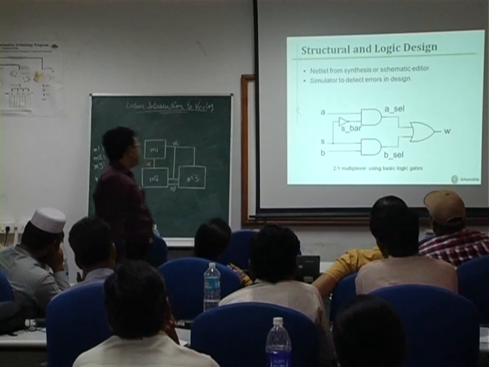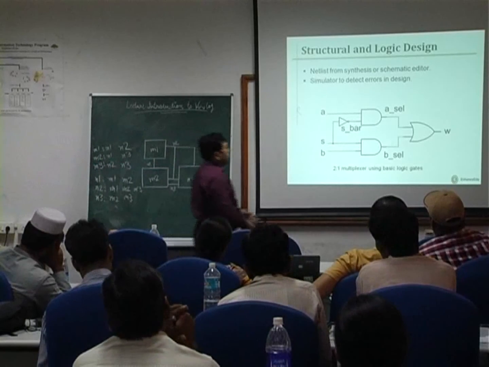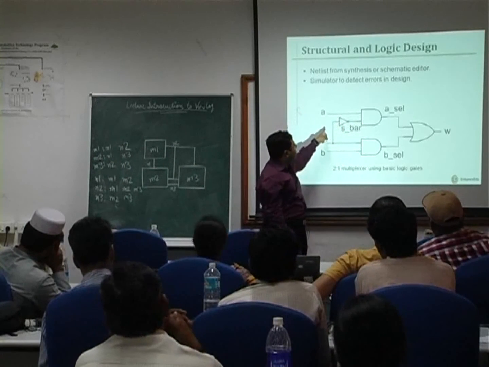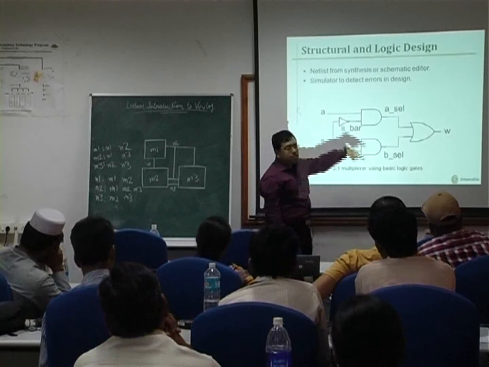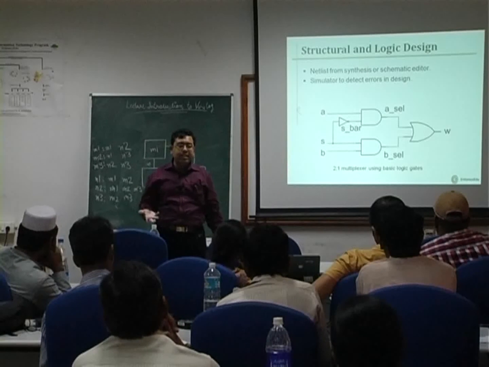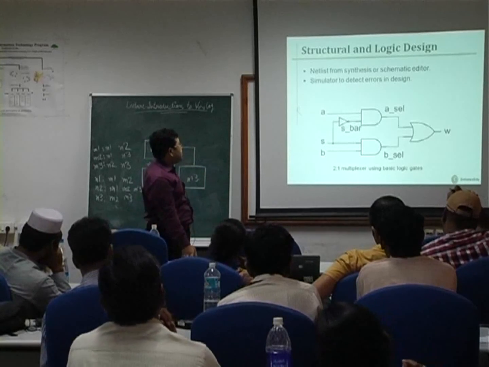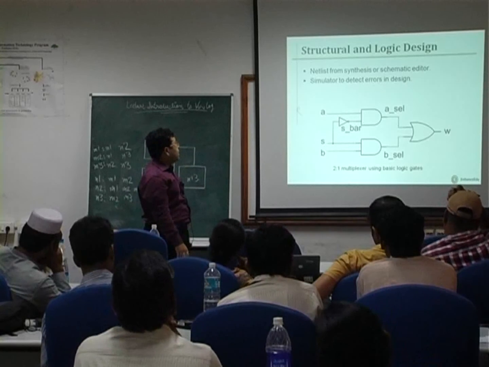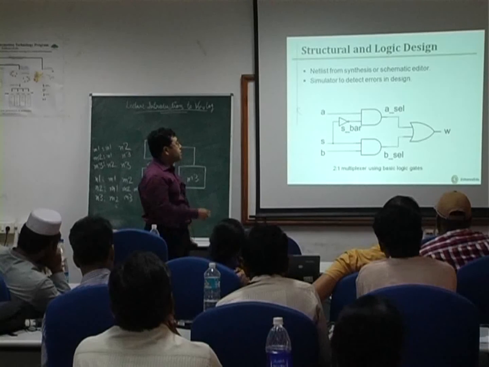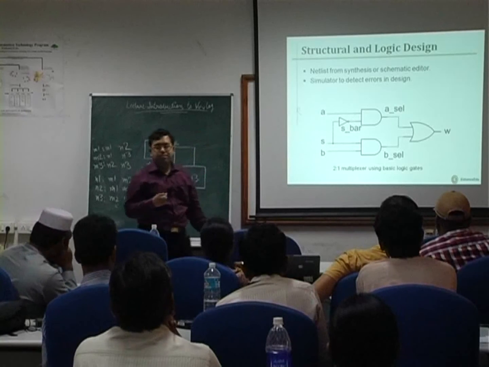Now if you visualize the circuit as a collection of these two AND gates, one OR gate and one NOT gate, and depict the nets connected to these individual modules, then it will be a netlist. On the other hand, you can also specify the set of nets, that is A, S, B, S underscore bar, A underscore cell, B underscore cell, W, and specify the modules connected to them.